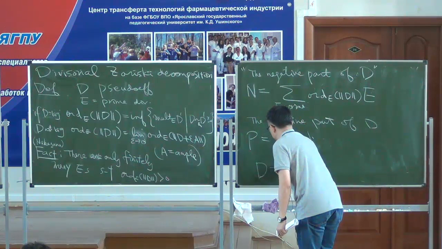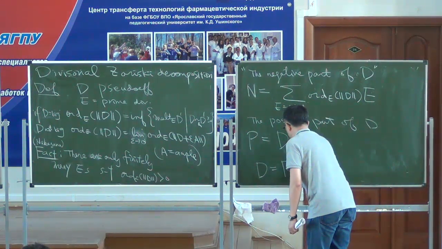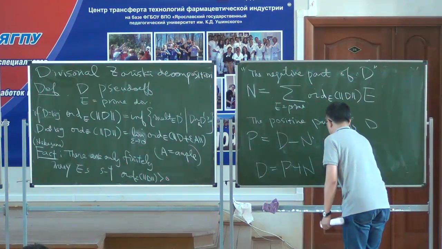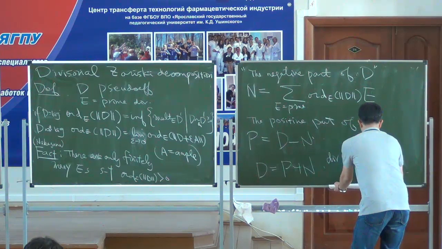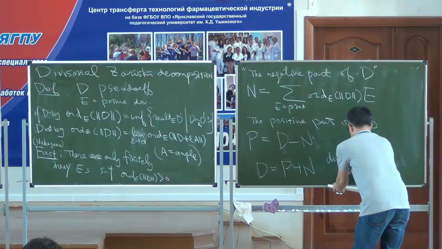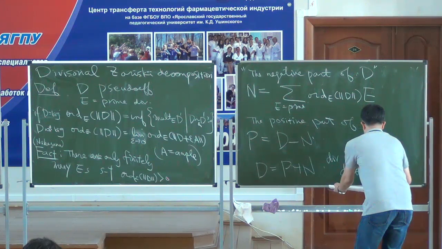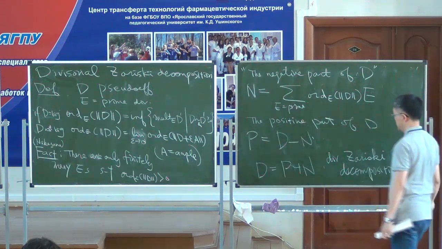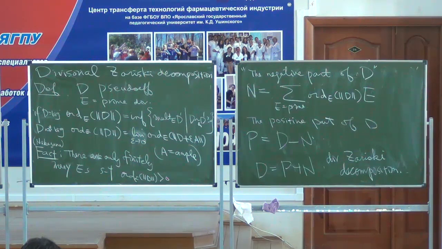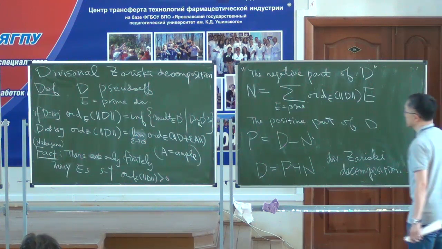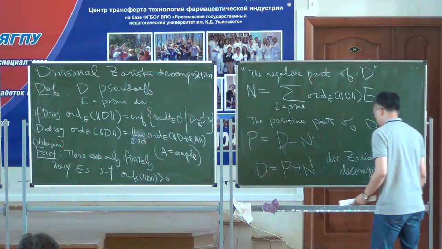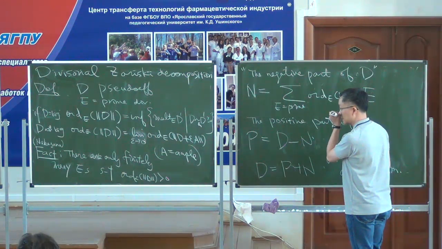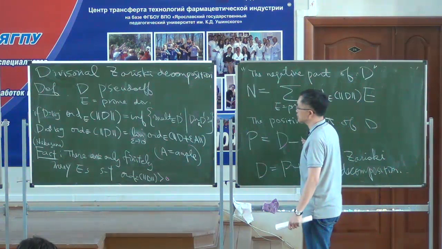So here you have D equal P plus N. This is the divisorial Zariski decomposition. And this generalizes the Zariski decomposition in dimension 2 case.